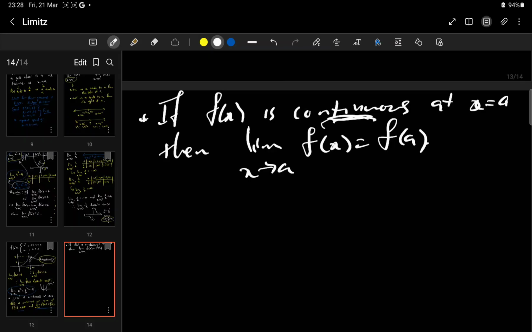If when you substitute the point into the function that you want to find the limit of, the function doesn't exist, then it means that it is not continuous at that point.